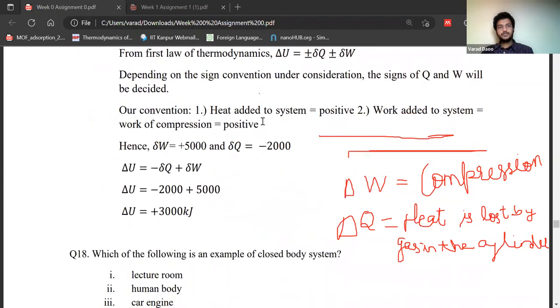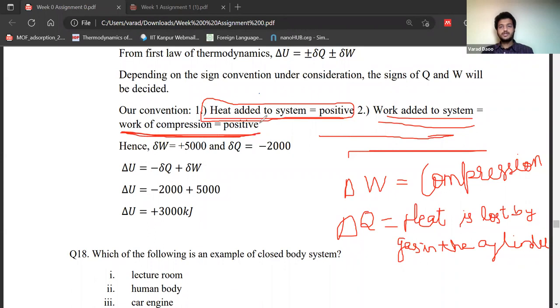So let us go down. What we have in here is, our convention is heat added to the system we are going to take as positive, and work added to the system, which is nothing but work of compression, we are going to take as positive.